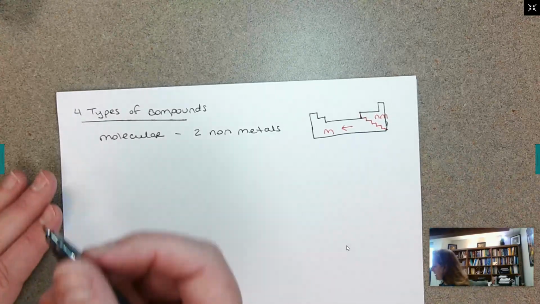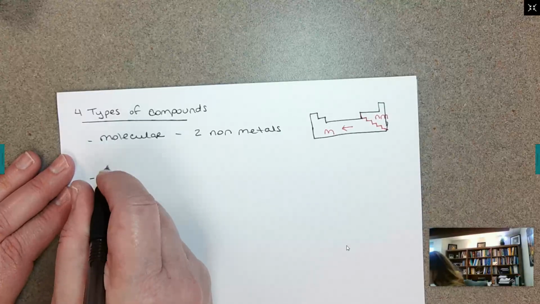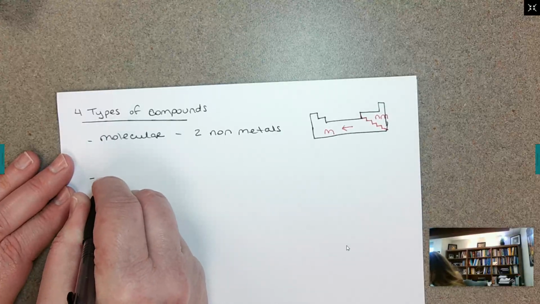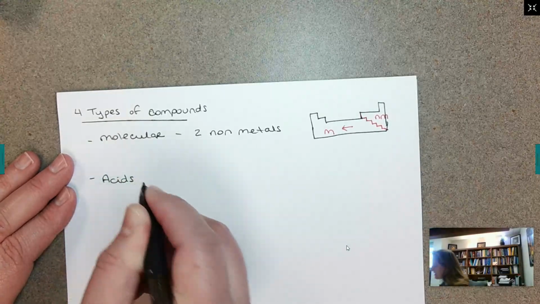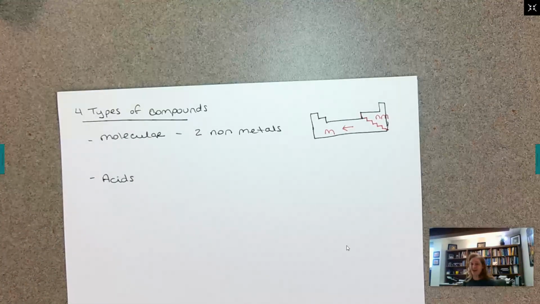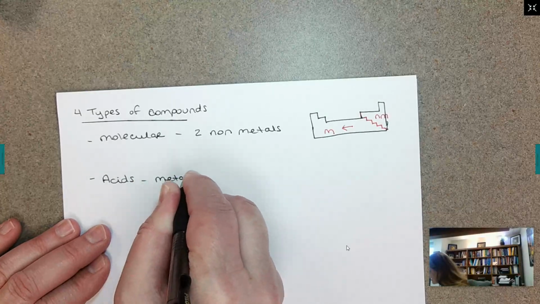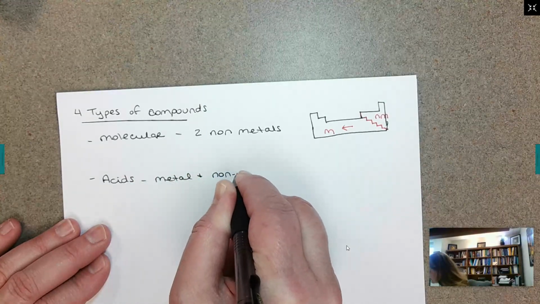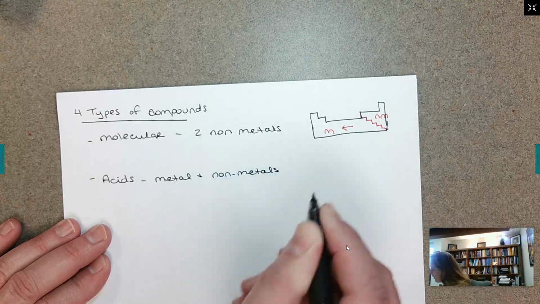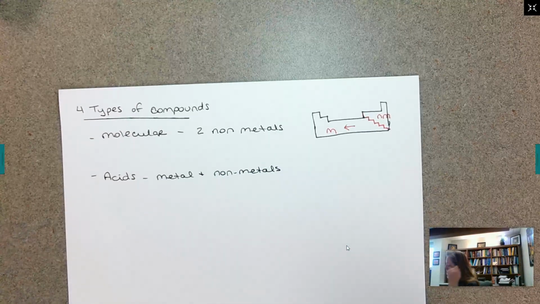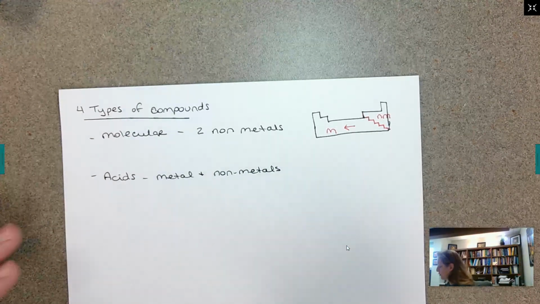Now, the next one we're going to talk about is the acids, because we'll save ionic compounds for a second. Acids are going to be made up of a metal and a nonmetal. Acids are always going to start with hydrogen.